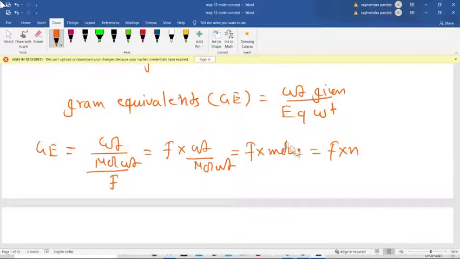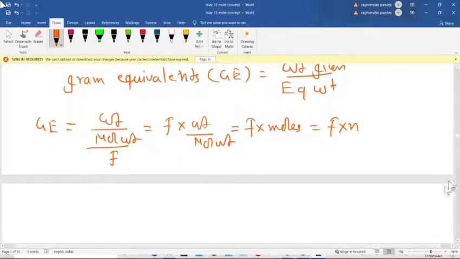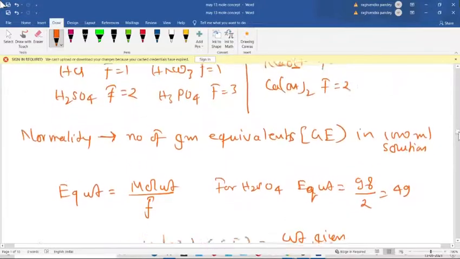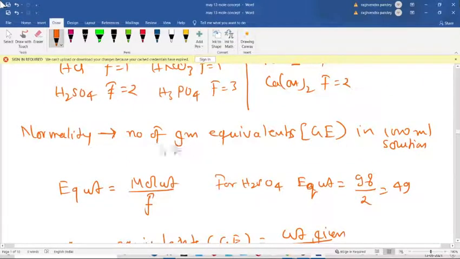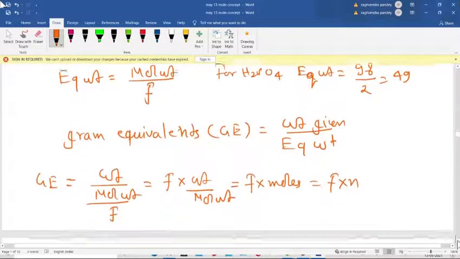That is the definition. Now the definition of normality is the number of gram equivalents in 1000 ml of solution. So this is your gram equivalent, F into n.